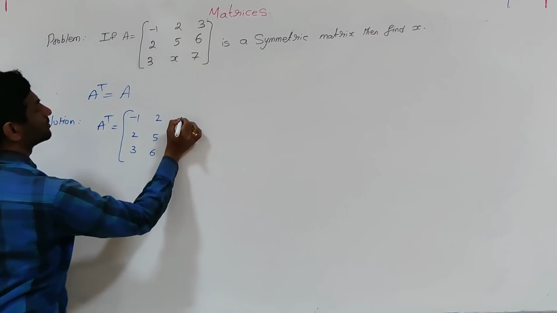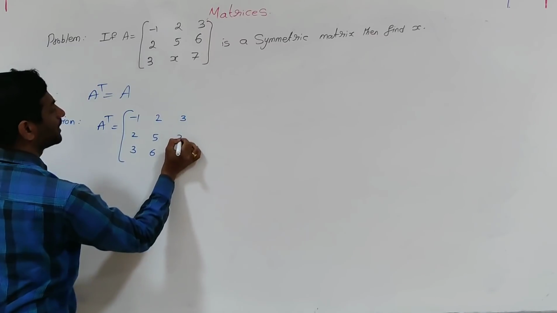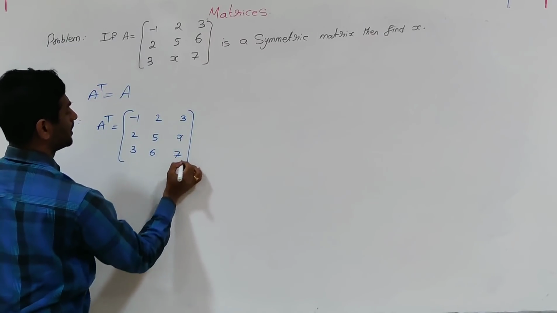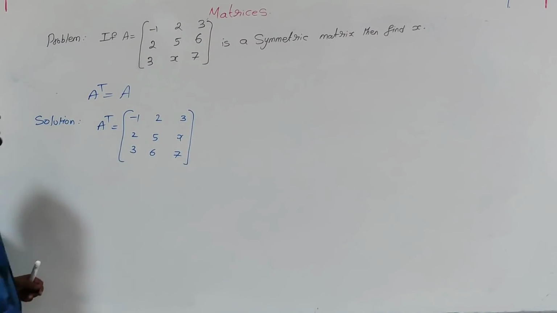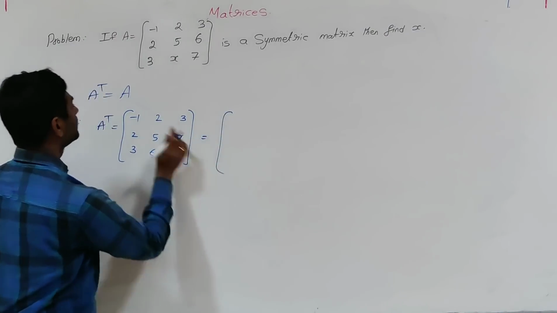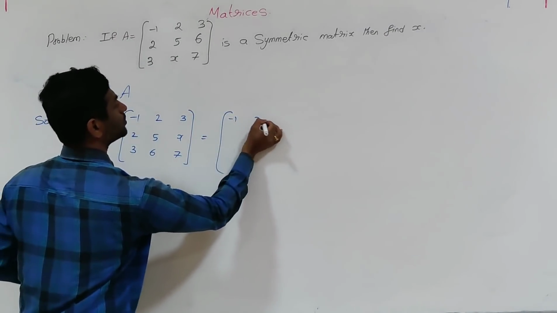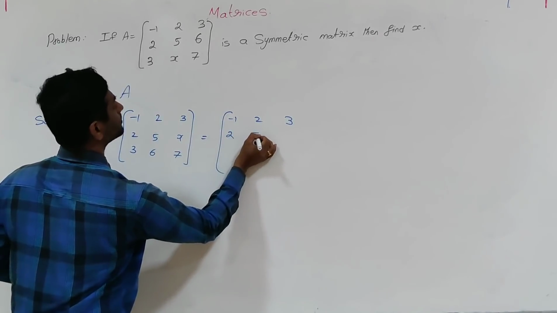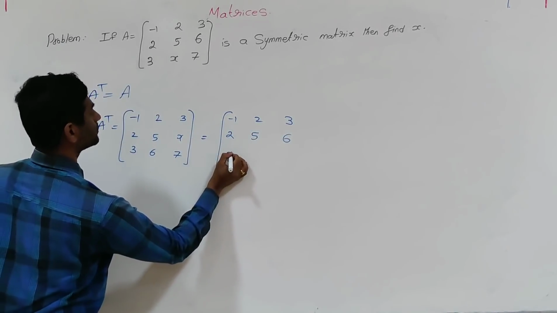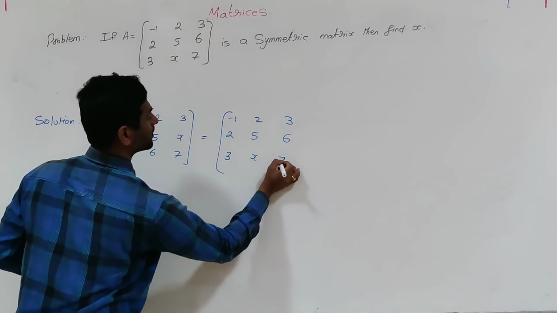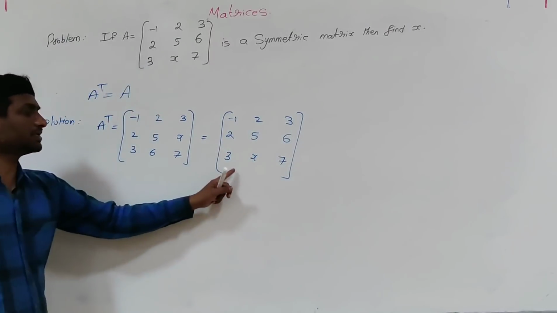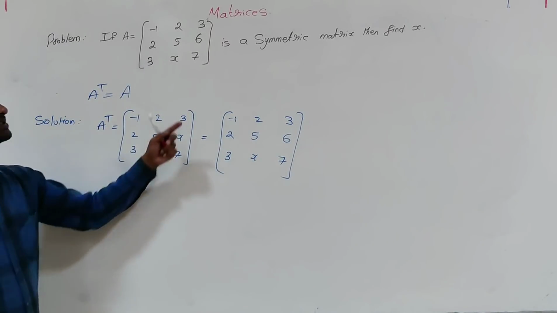And the third row becomes the third column: 3, x, 7. And this A transpose should be equal to A: minus 1, 2, 3; 2, 5, 6; 3, x, 7.